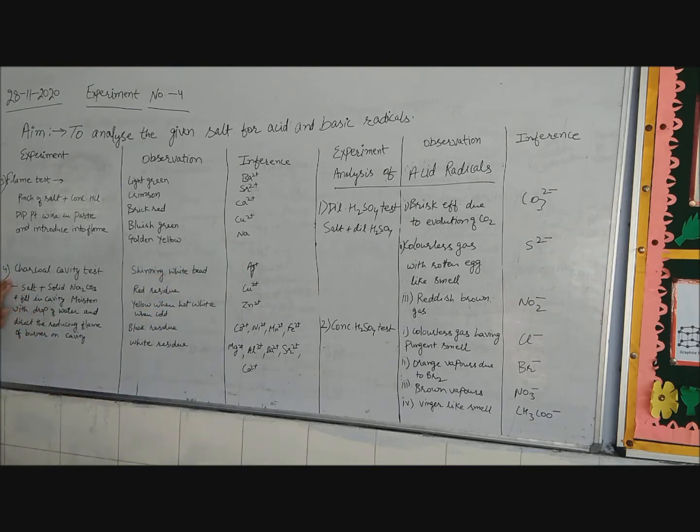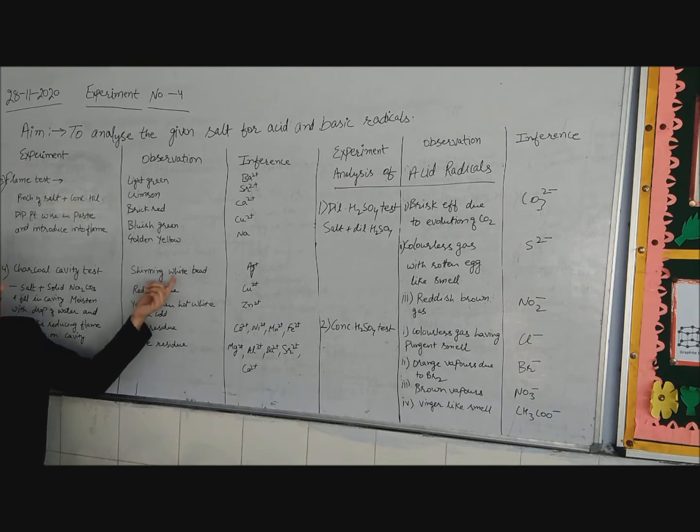Then the charcoal cavity test, in which we take salt plus solid sodium carbonate and fill it in the cavity of the borax. Then moisten with a drop of water and direct this to the reducing flame of the burner on the cavity.